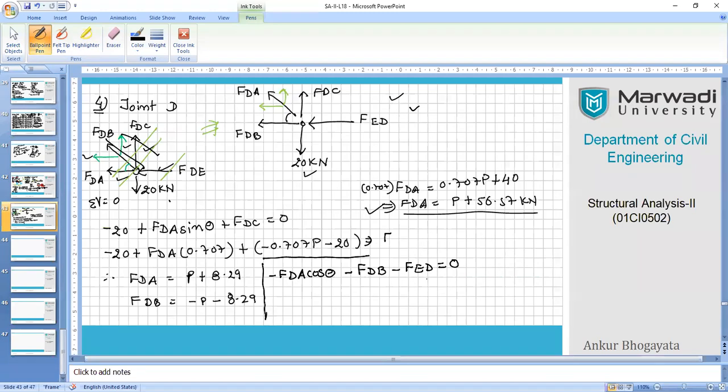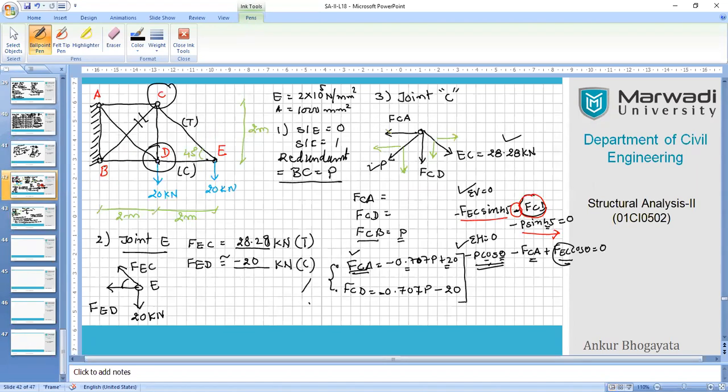So now we shall be using values which are available with us, like minus f dA, so minus P plus 56.57 into 0.707 minus f dB minus 20 equals 0. If I'm not wrong, the ED value is 20. Yes, here you can see.